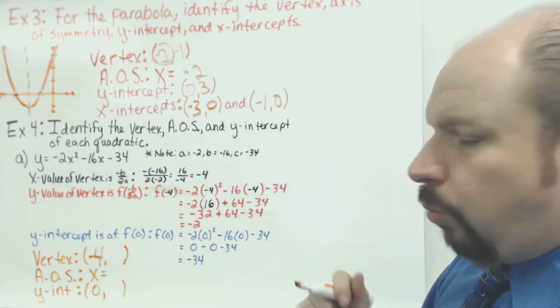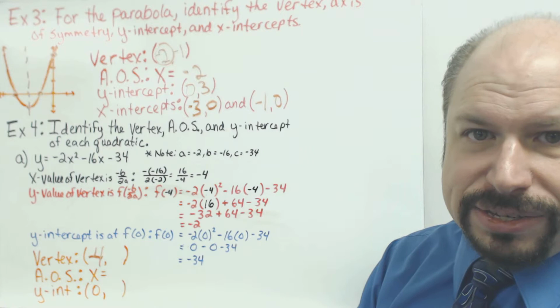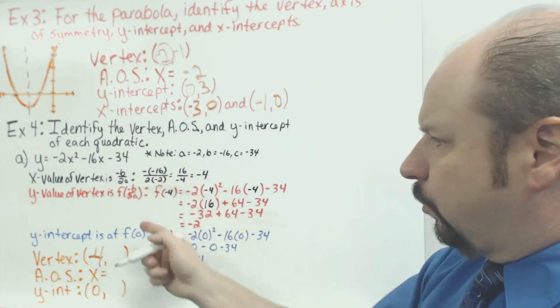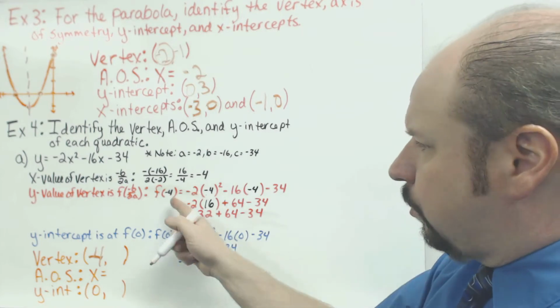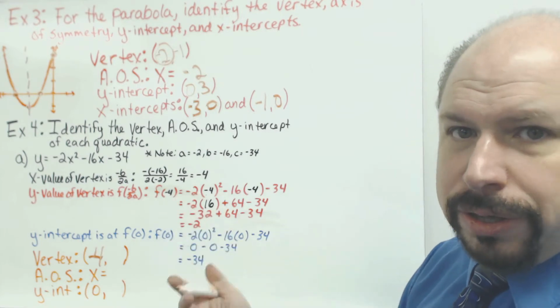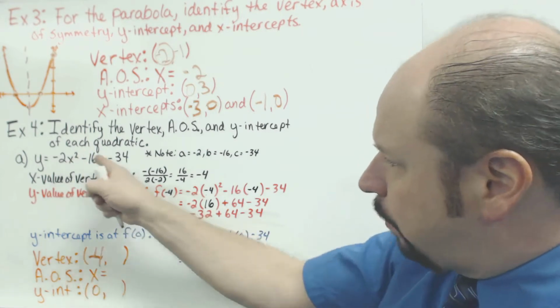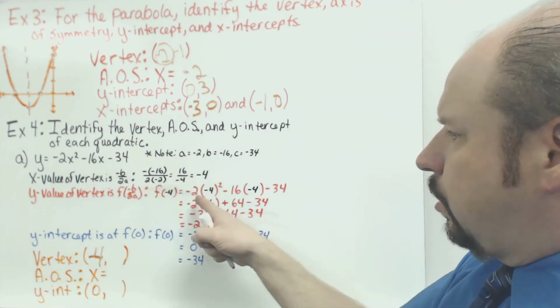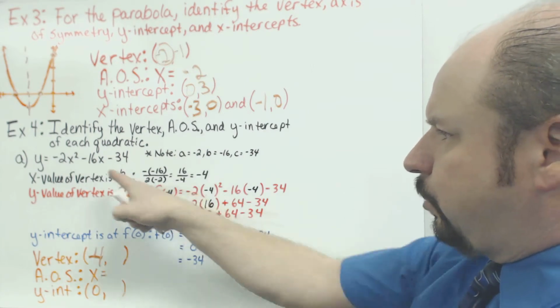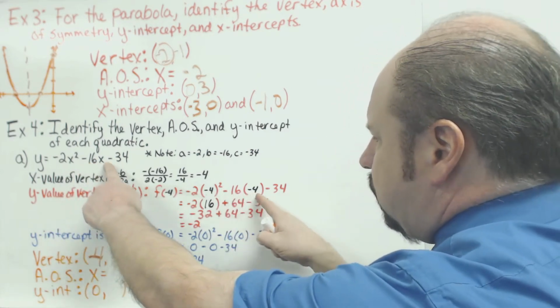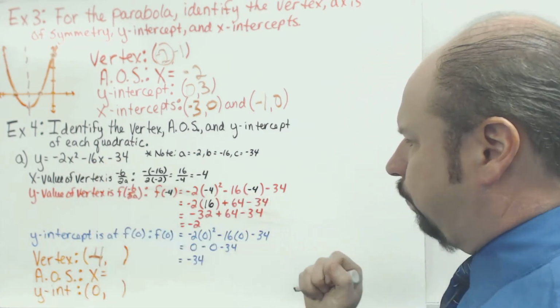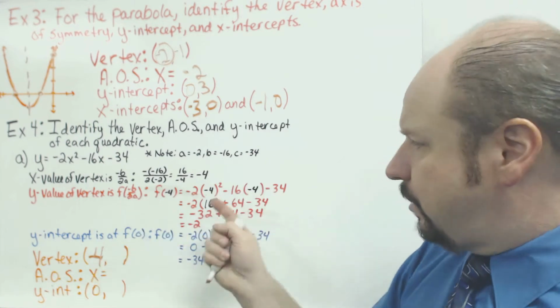Now we need to find the y value of our vertex. Well, that is f of -b/2a, and -b/2a is -4. So we're going to find f of -4. Take -4 and plug it back in for x. That's what I've done right here: -2 times (-4) squared minus 16 times -4 minus 34. Simplify that.